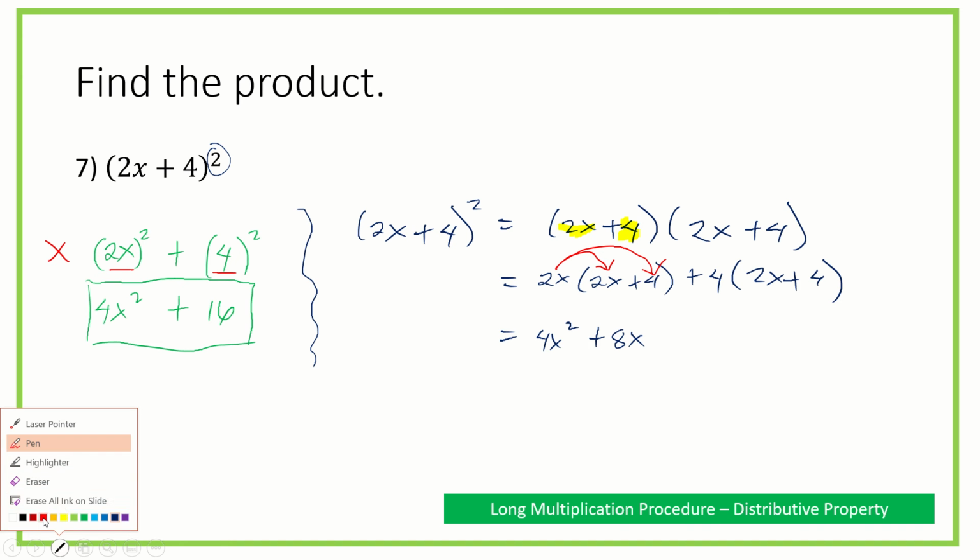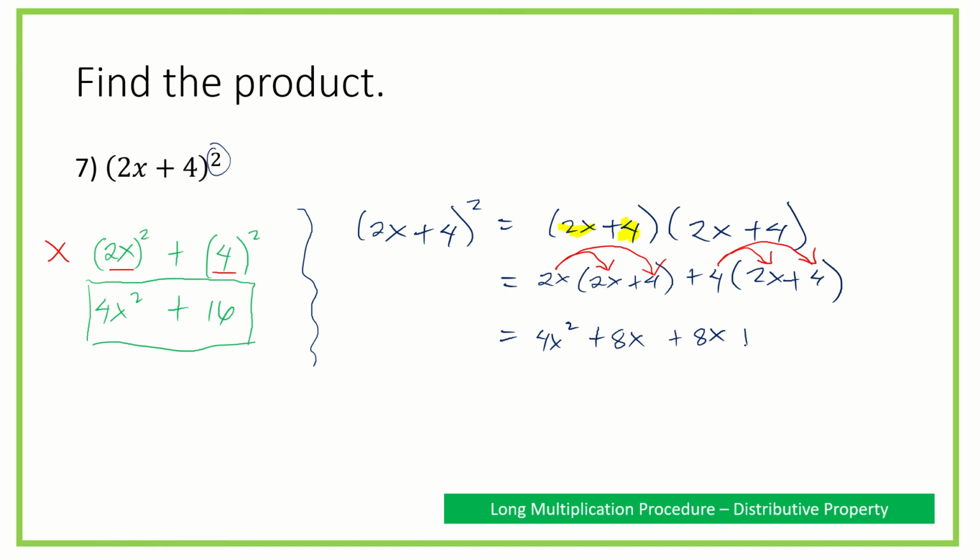And afterwards, we proceed to our 4. We distribute the 4 to 2x and the 4. So we get 8x plus 16. Then we add the like terms. This is 4x squared. 8x and 8x, those are like terms because they have the same literal coefficient x.